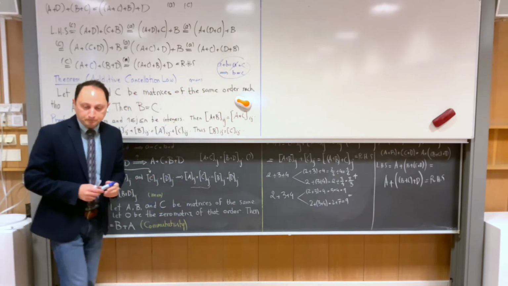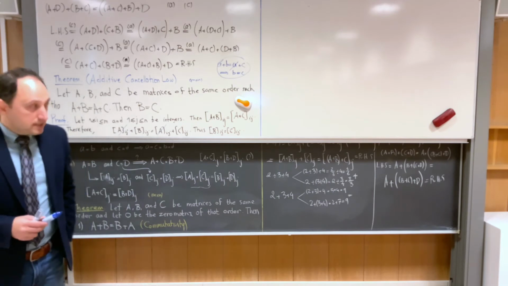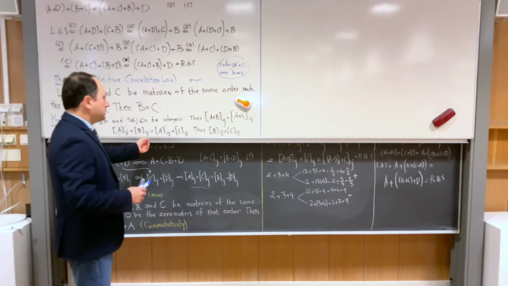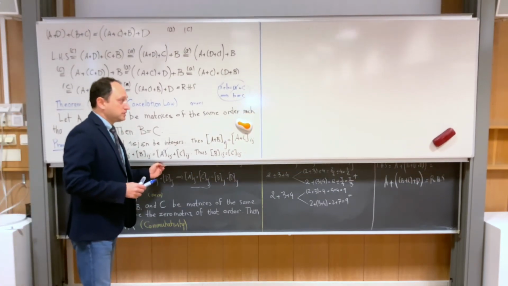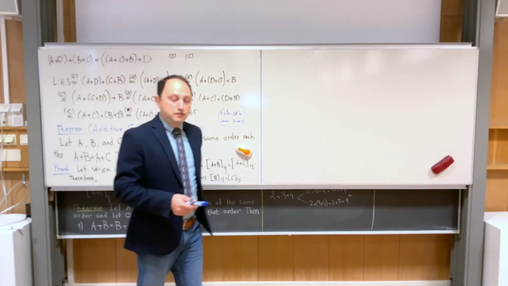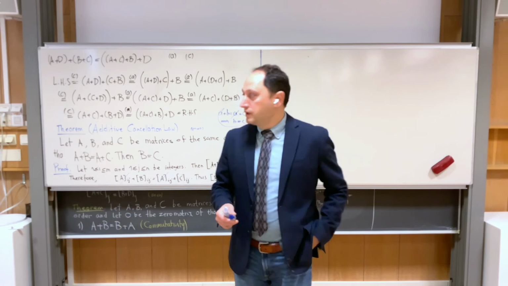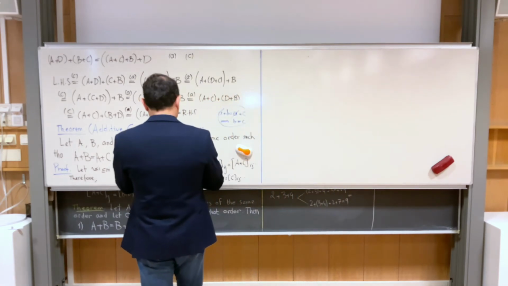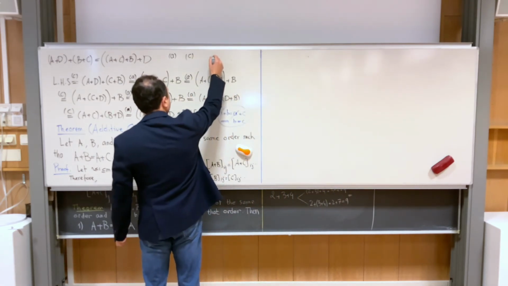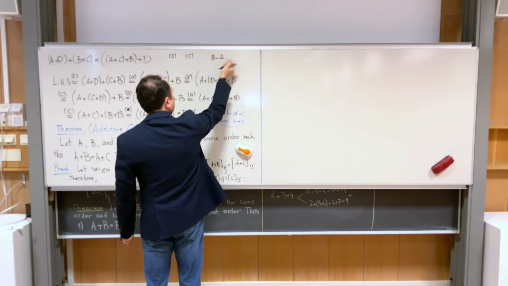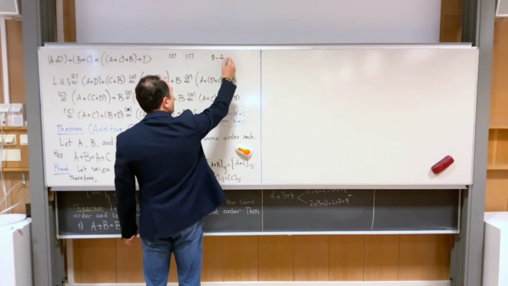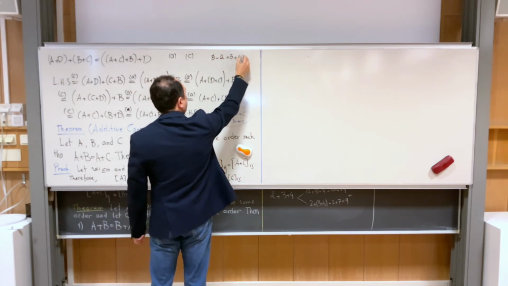Yes? Okay. And then the next thing that I want to talk about today is the subtraction of two matrices. Okay, and the definition is very similar to the definition within numbers. Yes. So, for example, if I want to do this difference, 3 minus 2, I would write that this is 3 plus minus 2.